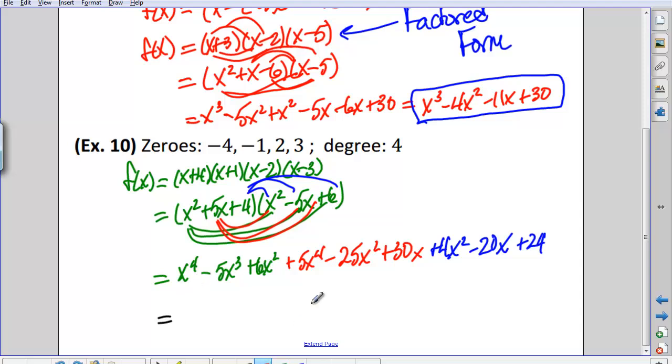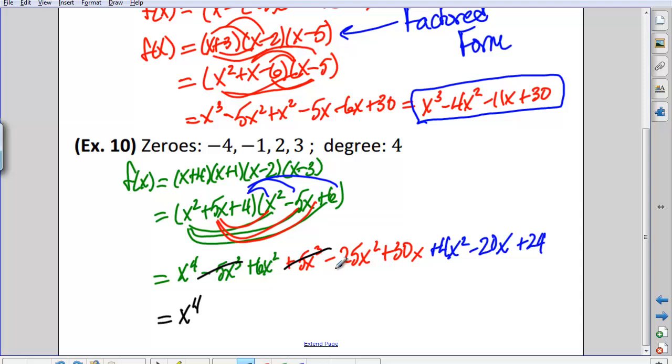And I just noticed this should be a 5x cubed here. Let's fix that. Okay, so we get an x to the 4th, minus 5x cubed plus 5x cubed. Those are going to cancel out. Let's look at x squared.